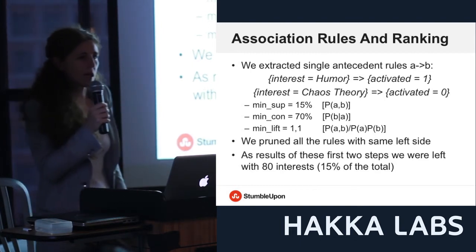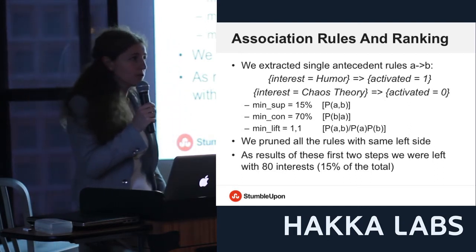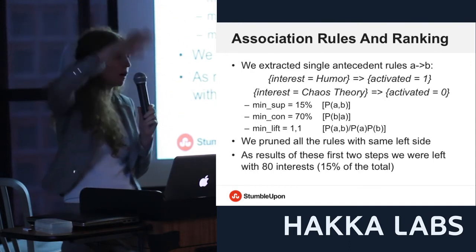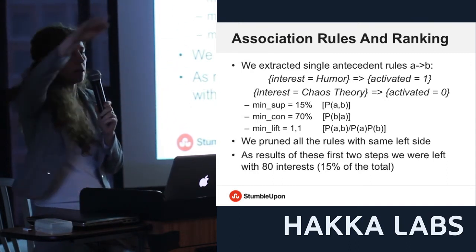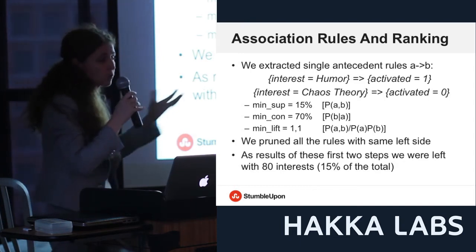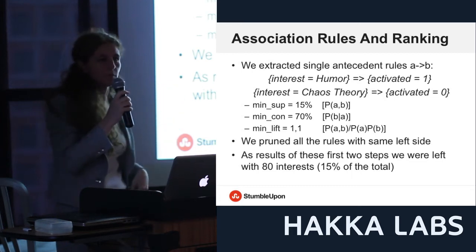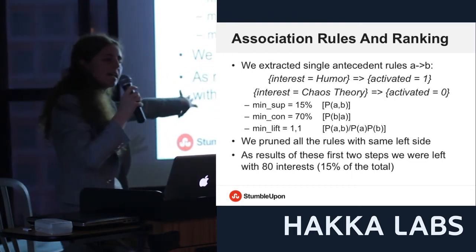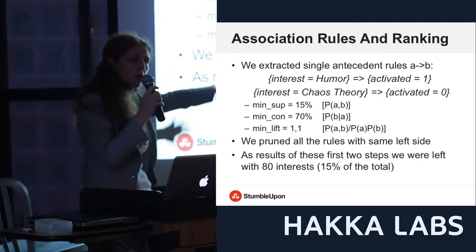So we did a comparison, and we actually see that the cumulative distribution of interests on mobile and on the web toolbar, the website, is mostly the same. So there is not such a bias that only 80 interests are actually used on mobile.